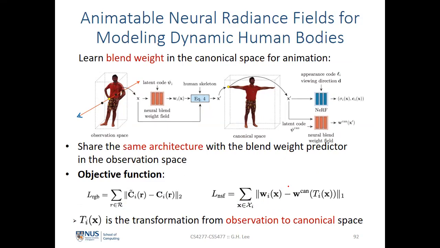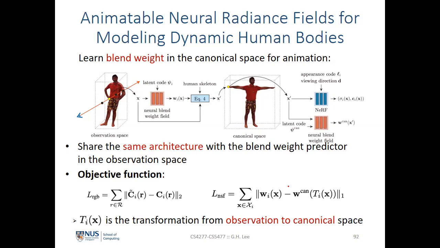Once we know the canonical space, we need to learn how to map every one of these into color and volume density, and basically that's just the NeRF equation over here. We also have another part over here which helps us invert it, which learns from the canonical space the weights back into the observation space.